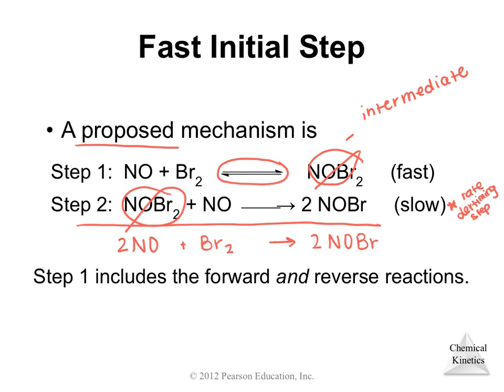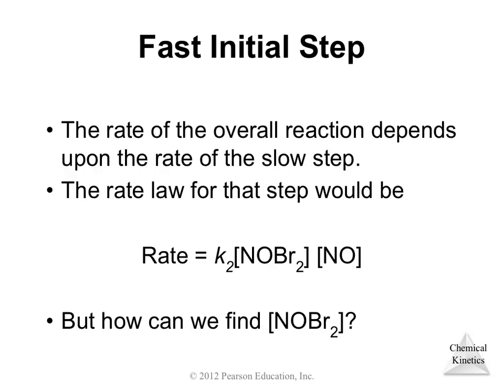Okay. So put this all together, if we were to write the rate law for the rate determining step, it would look like this. It would be the NOBr2, which we said was the intermediate, and the nitrogen monoxide.